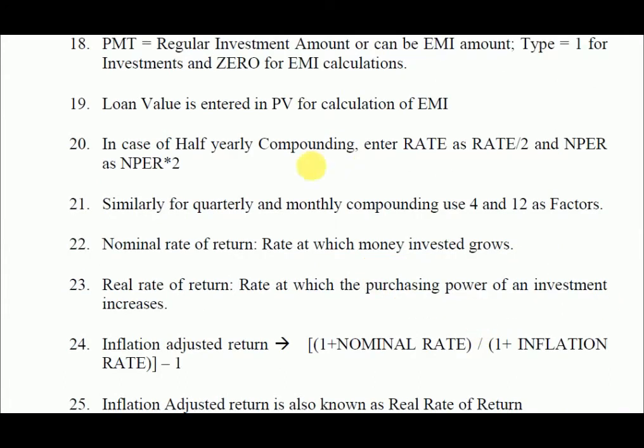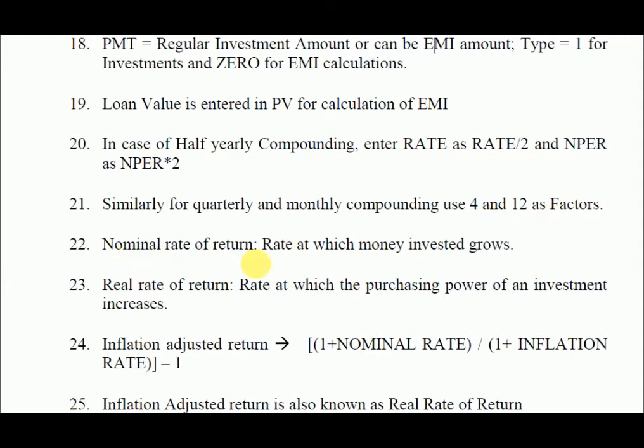Loan value is entered in PV for calculation of EMI. In case of half yearly compounding, enter rate as rate divided by 2 and NPER as NPER into 2. Similarly, for quarterly and monthly compounding, use 4 and 12 as factors.